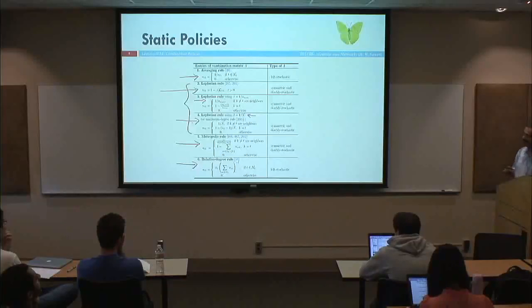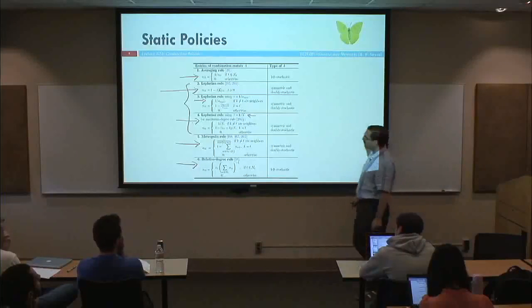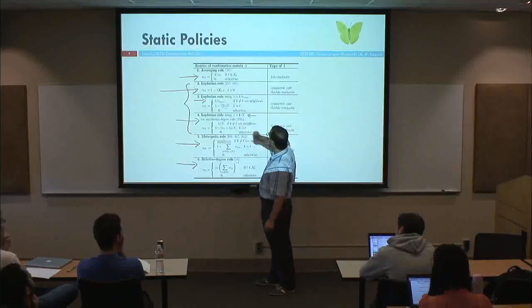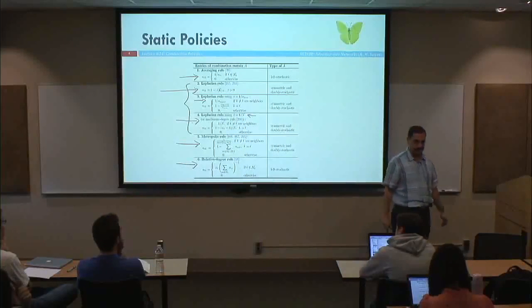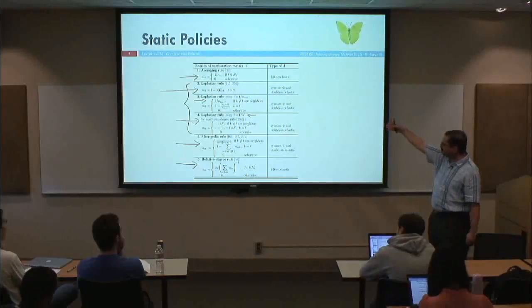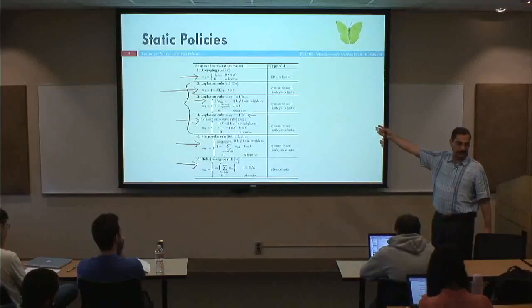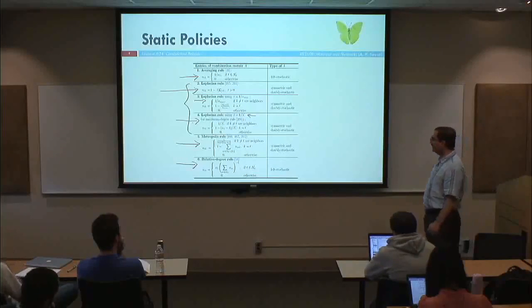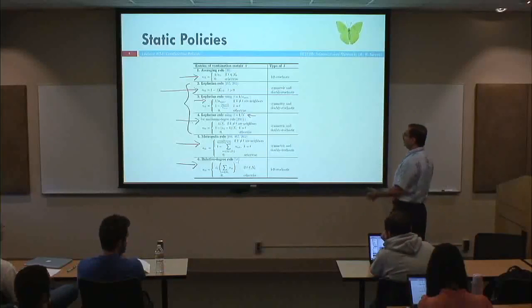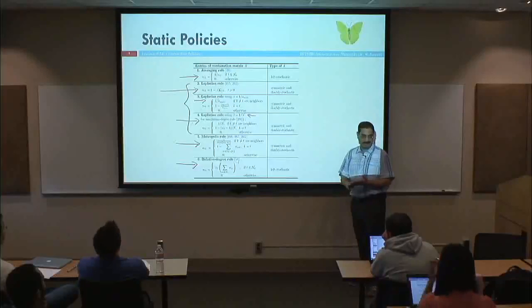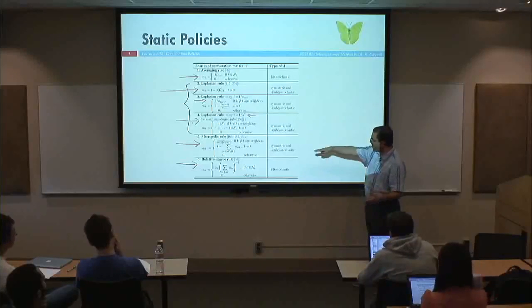Sorry, I think this is the maximum. I'm confused if this name should go there instead, but anyway, you get the idea. Special choices for beta give you these combination policies. And in the last column, I'm telling you whether the resulting A is left stochastic or doubly stochastic and so forth. So we have seen a few of those.